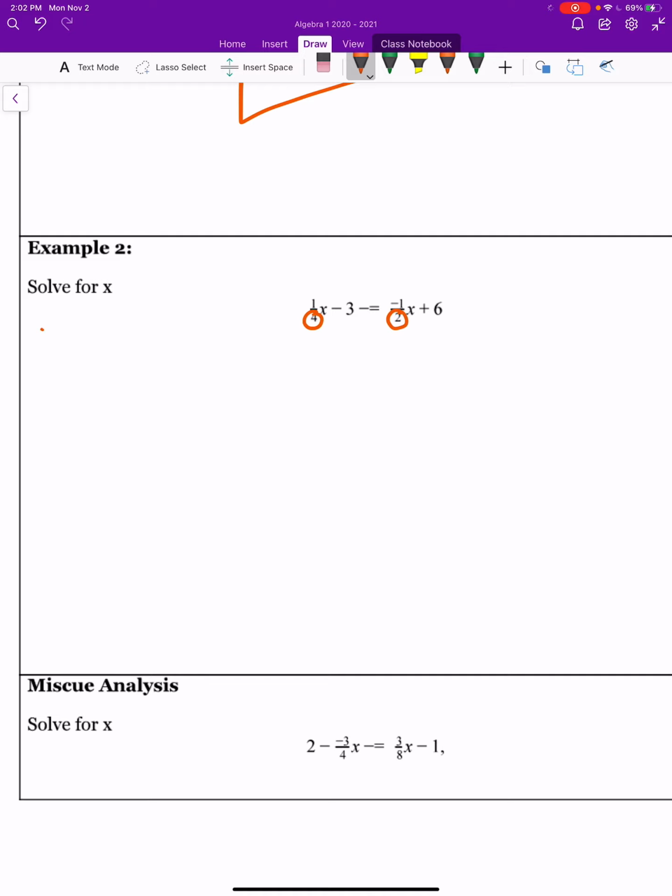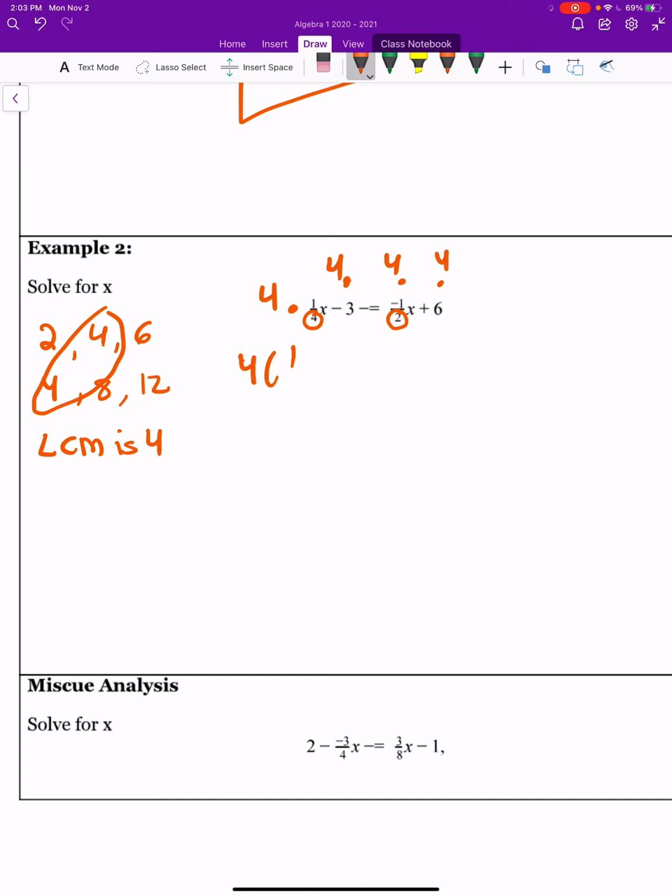That's where I take the 2 and find the least common multiple, which is 4. Because the LCM is 4, I'm going to multiply every single term by that number. So 4 times 1/4 x plus 4 times -3, which equals 4 times -1/2 x plus 4 times 6.